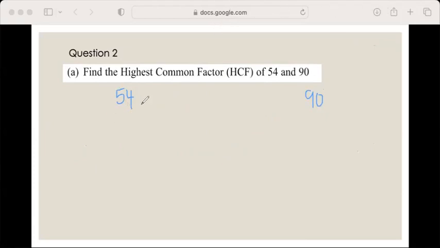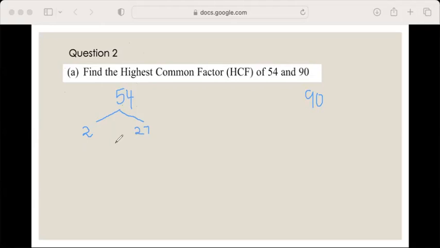Right, so 54, we know two of the factors of 54 is 2 times 27. You can take any of the factors that you remember. That's not a problem. But ultimately, you will arrive at the same prime factors, whichever way. For example, even if you did 6 times 9, you're going to end up the same way finally.